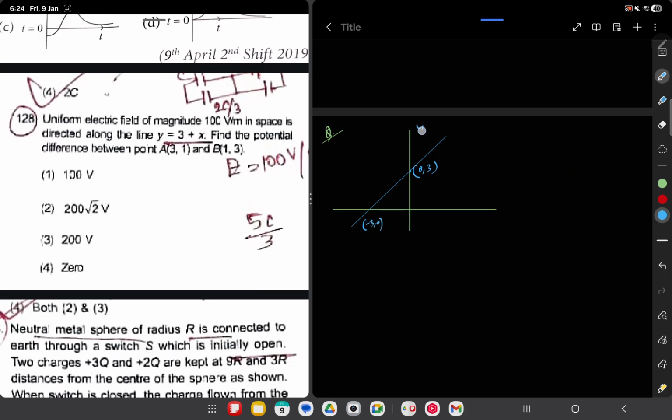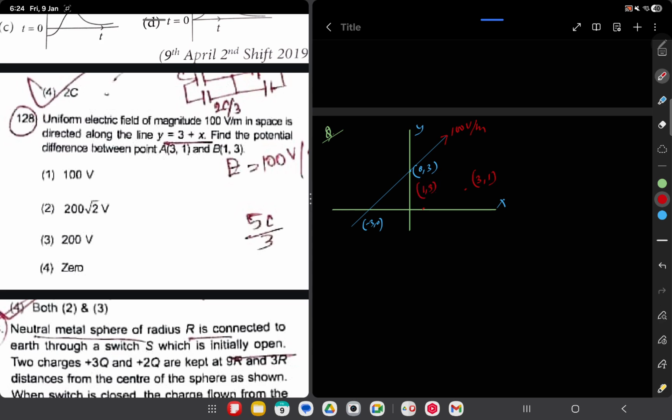This is the x and y axis. Find the potential difference between points 3, 1 and 1, 3. So 3, 1 will be a point. This is the direction of the electric field. 3, 1 will be this point, and 1, 3 will be this point.